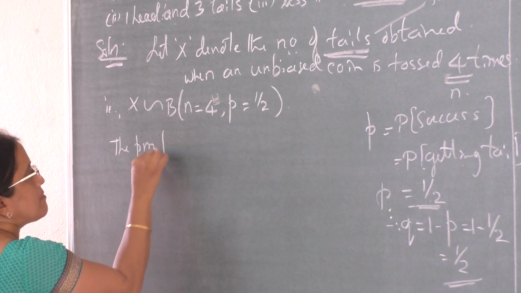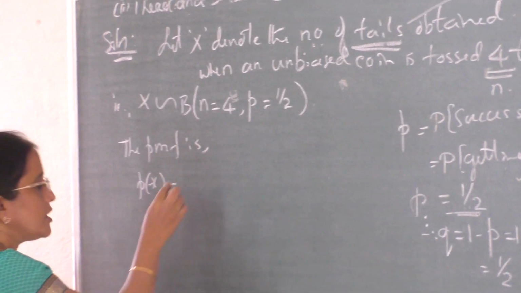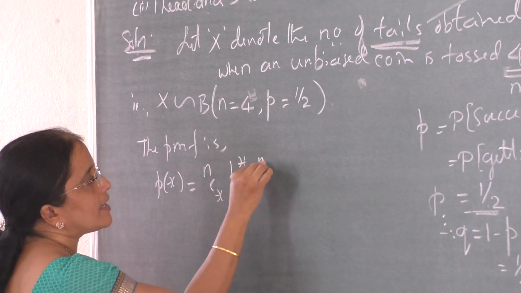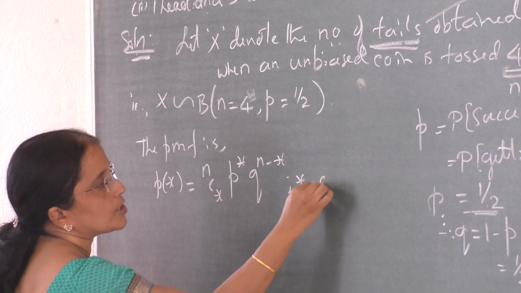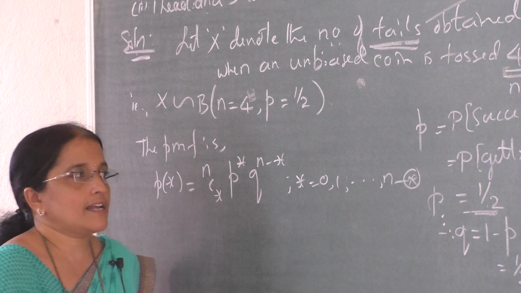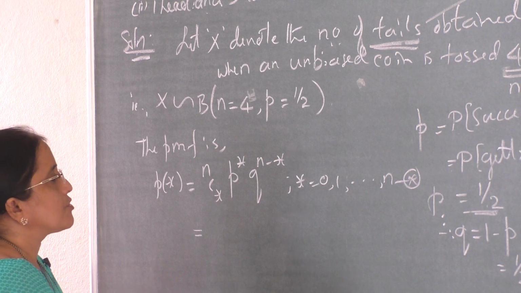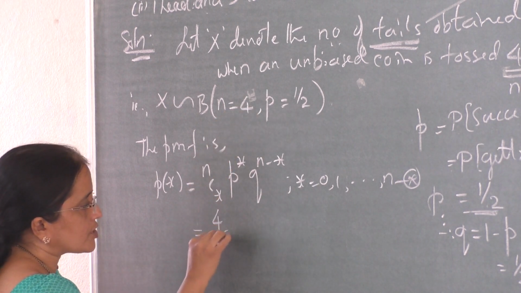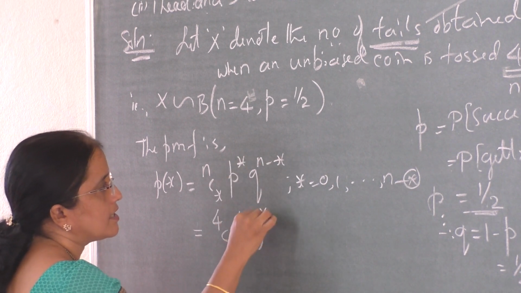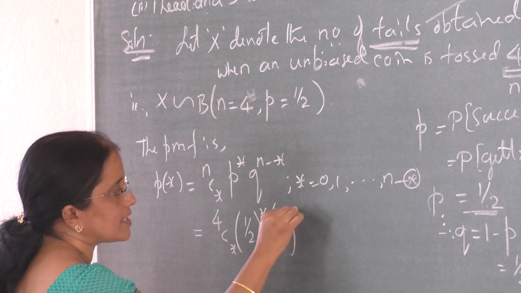Next, the third step is to write the probability mass function. The probability mass function is p of x equal to nCx p power x q power n minus x, where x is equal to 0, 1, 2 up to n. We have studied this in the earlier classes. Now substitute the values. What is n? 4. So 4Cx into half power x into half power 4 minus x.